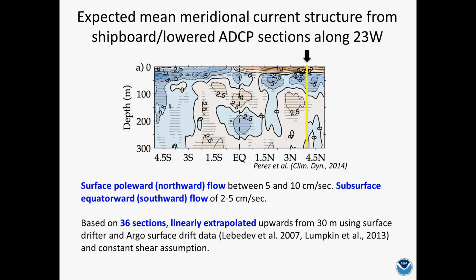Here we have 36, which is good because these values are really small and the TIWs are very strong, so you need a lot to avoid aliasing. But we also had to linearly extrapolate upwards from 30 meters using surface drifter and Argo surface drift data, and make a constant shear assumption. And the spoiler alert is maybe that's not a great choice, and we're gonna hopefully learn that from TACOS.